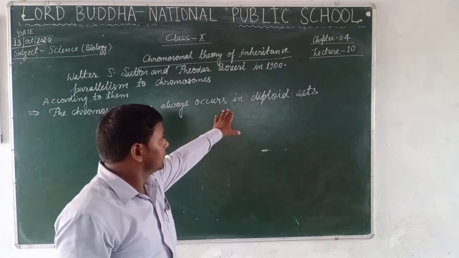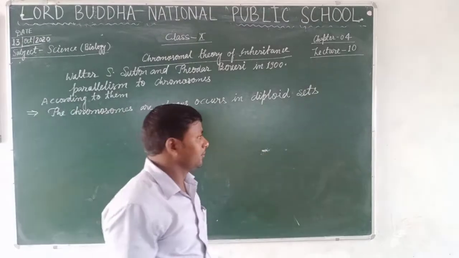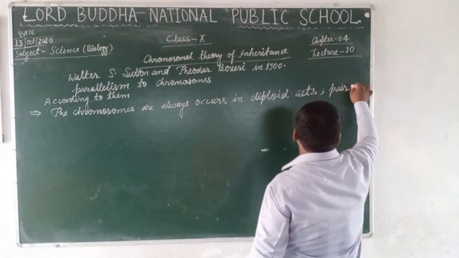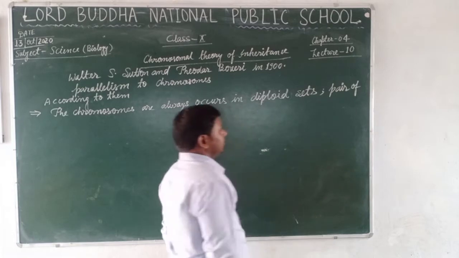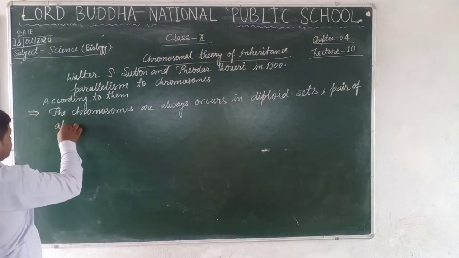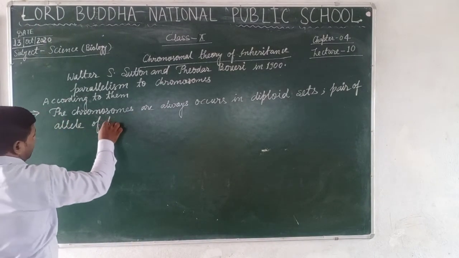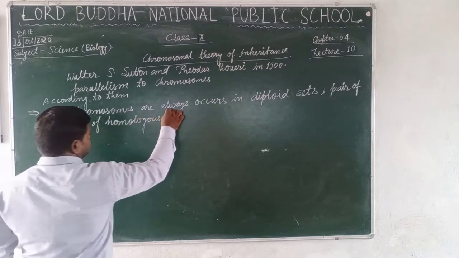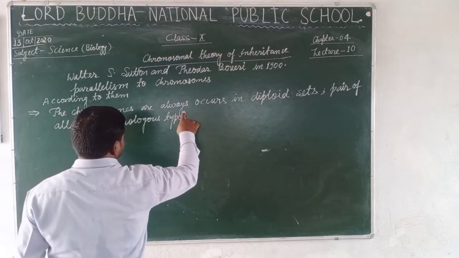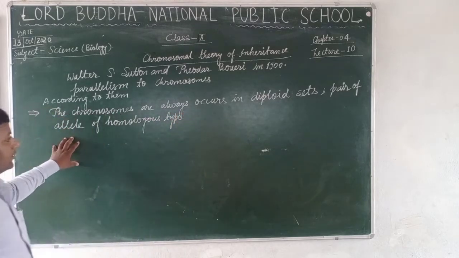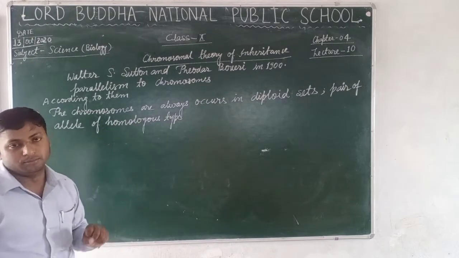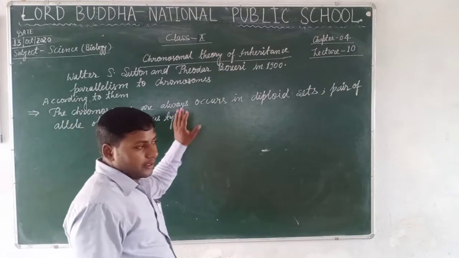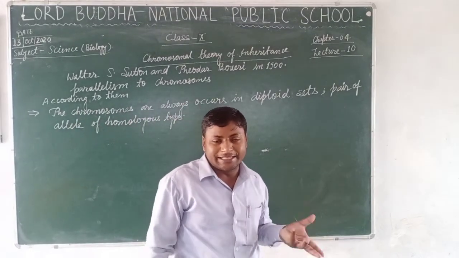It means the pair of alleles, according to Mendel, of homologous type is present in a particular chromosome. Yes, students, but it may be heterologous in the sex chromosomes.